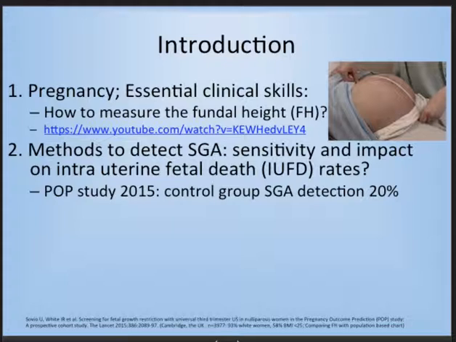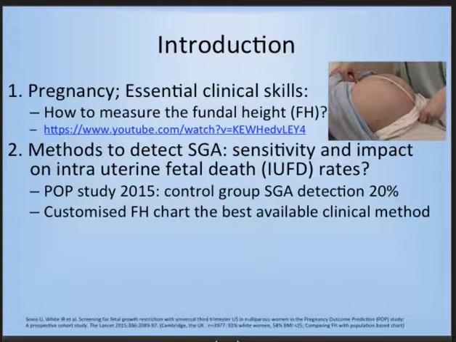Interesting, just recently in December 2015, in the Lancet a study was published from the so-called POP study, and in their control group, by the way, in Cambridge, where the vast majority of the women were white, 93%, and also more than half of the women had a normal BMI, which is different from our population. Their control group had a disappointing SGA detection rate of just 20%.